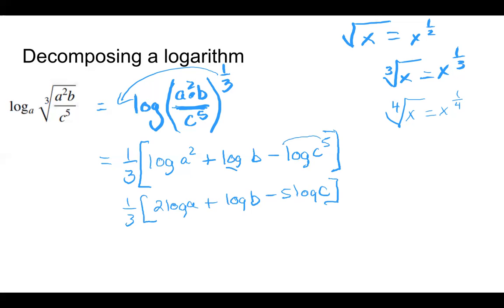And now I can either write the 1/3 in front of all this, or I can write 2 log a plus log b minus 5 log c. And if you get a problem where you're not sure, you get it wrong and you think, I thought that was right, let me know so I can go back into your homework and count it correct, because a lot of the times it just doesn't accept all the different answers that you can get with these decomposing of logarithms.